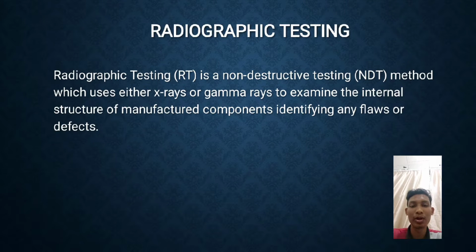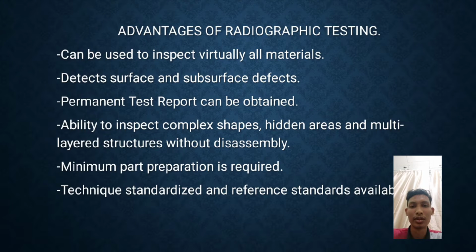A permanent test report can be obtained. It has the ability to inspect complex shapes, hidden areas, and multi-layered structures without disassembly. Minimum part preparation is required. And last, the technique is standardized and reference standards are available.